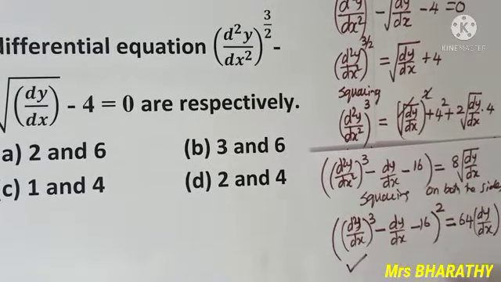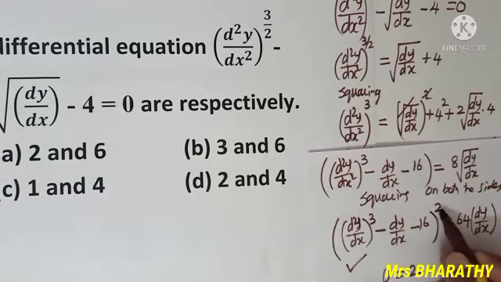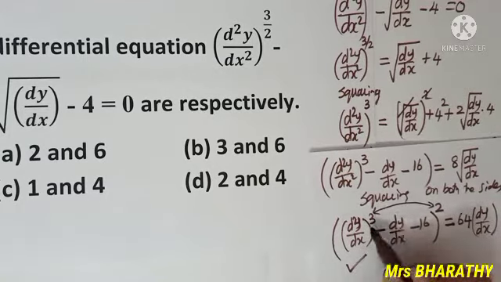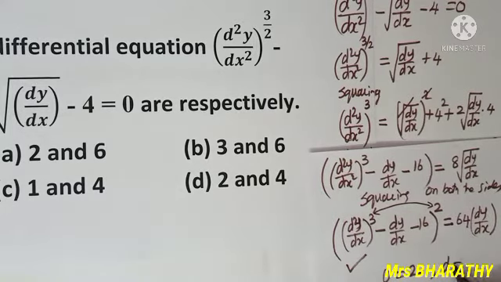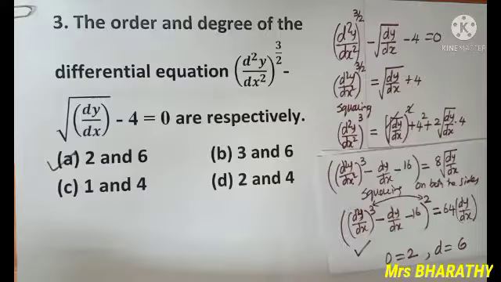Here order is 2, whereas degree, it is already the power 3. Again the power 2. So 3 and 2 as I multiply. Power to power we will multiply. So degree will be 6. Order 2, degree 6. Option A will be the right choice.